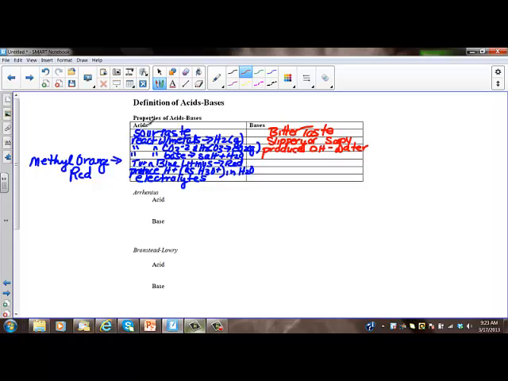I should have put over here, I'll do that in a minute. They have a pH greater than 7. They turn red litmus blue. They react with acid to produce salt and water. So titration.